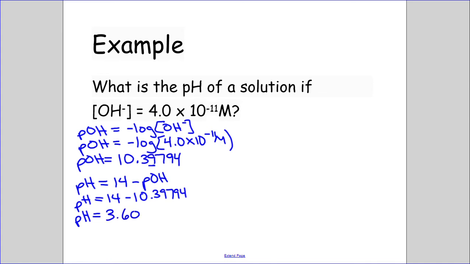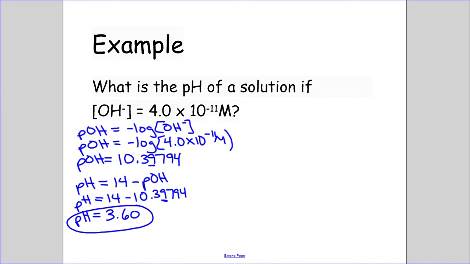Keeping in mind here I had 2 digits from the first one, I've got 2 here. That 14 is a constant value. It could have infinitely many zeros after it because 14 is the set number for pH plus pOH. So really I'm just taking my digits from my given term in the question, or pOH. So I get 3.60 as an answer.